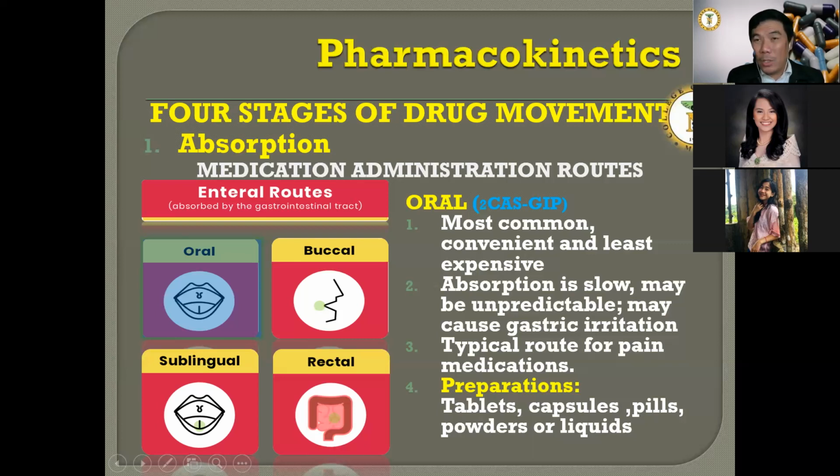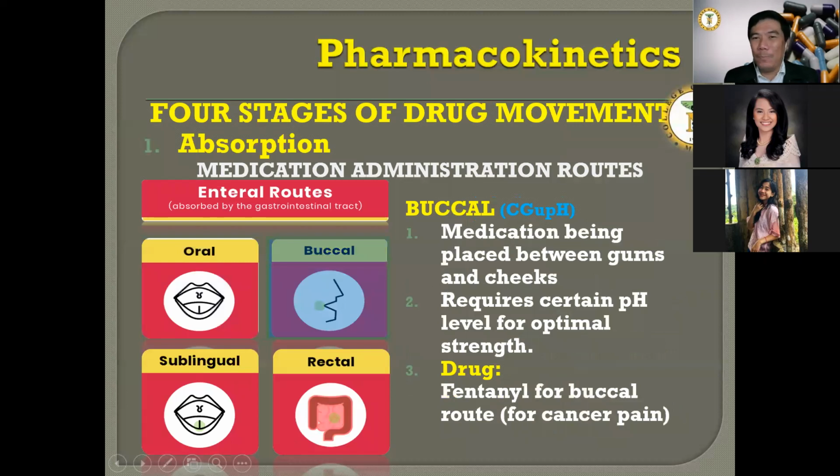So what are the preparations that could be given by oral? It could be tablet, capsule, pills, powders, or liquids. Any question with the oral? So just remember 2 Cas-Gip. Any question? Hearing none, let us proceed to buccal.